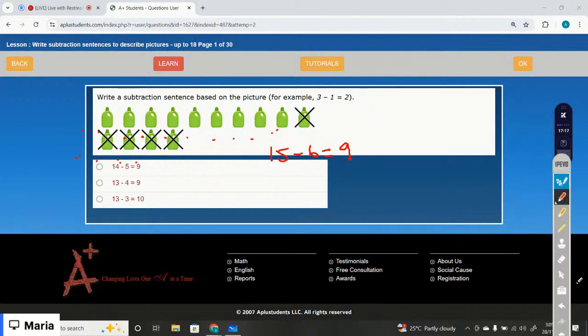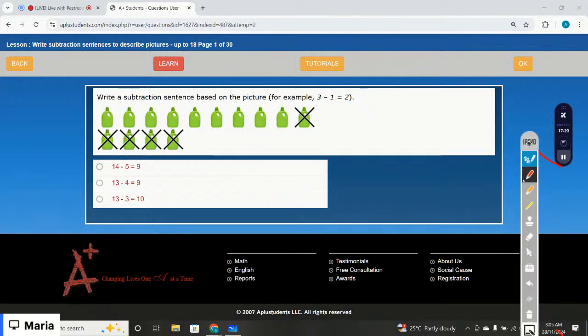Okay, so the total bottles are 14. 5 of them are crossed out, so 14 take away 5 is 9. Option number 1 is the correct option, that is 14 take away 5 is 9.